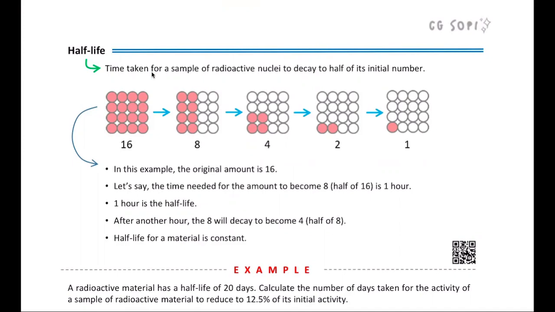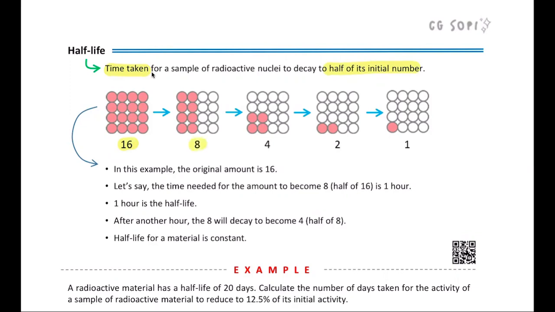Itu saja, as simple as that. So for example, like this one, the definition for half-life is the time taken for a sample of radioactive nuclei to decay to half of its initial number. Here, the initial number is 16, and after one half-life, it will be reduced to half, so 16 divided by 2 is 8.